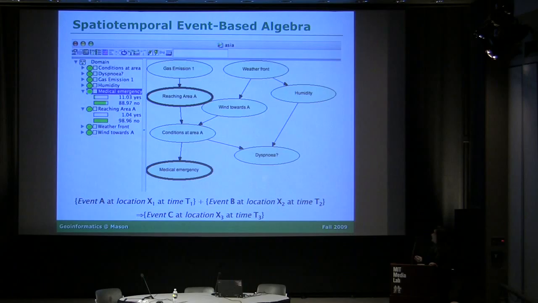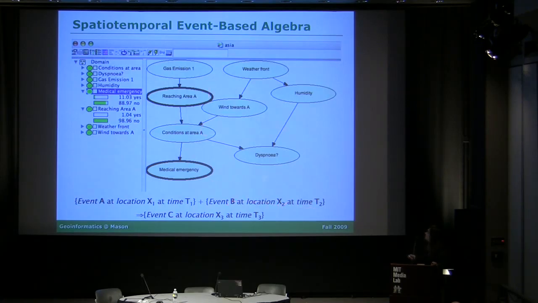Now, one additional thing that we are working on, and it applies to both the surveillance and the other applications I mentioned, is the event-based algebra. In this case, we have approaches which say: what if an event happens at a particular location at a specific time, and there is another event that has happened at a different location at a different time.